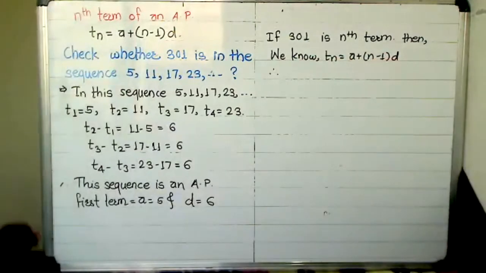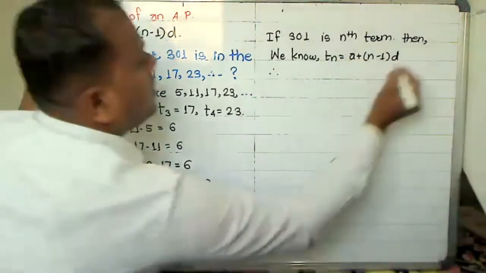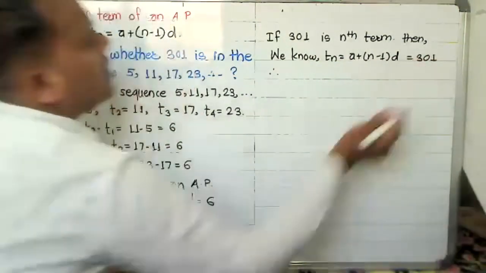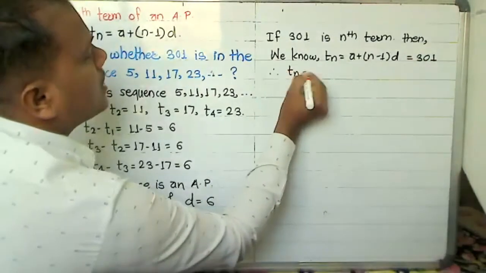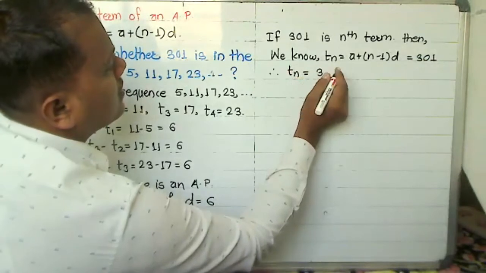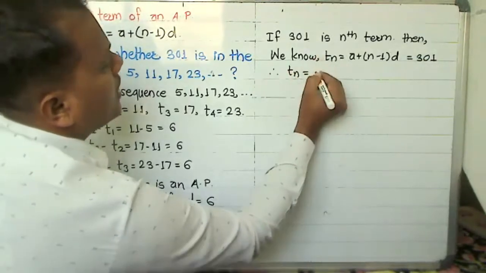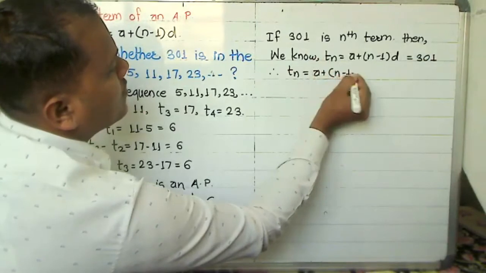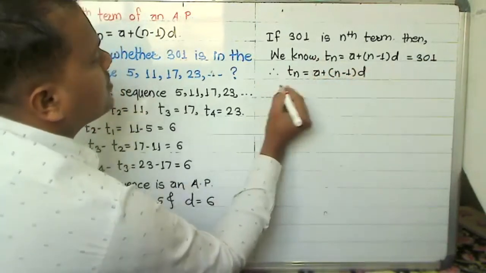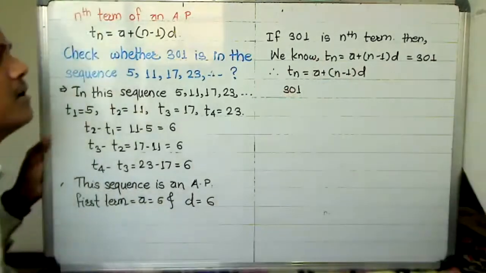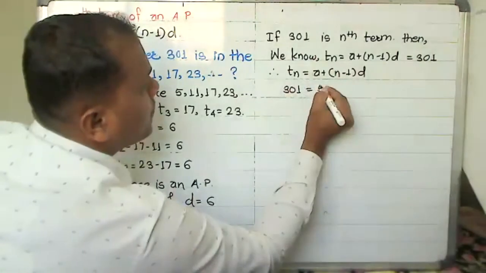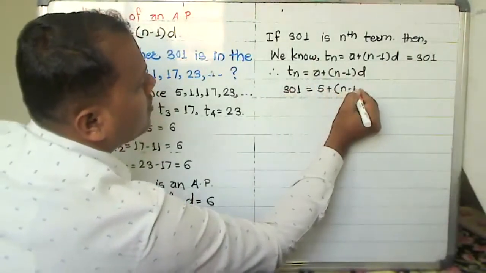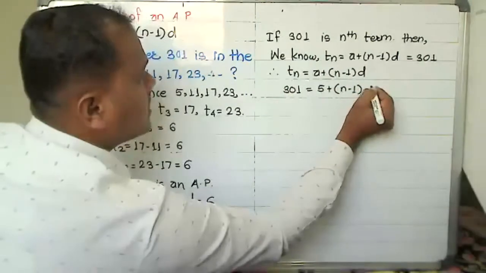So therefore now we will write Tn as 301. Tn is equal to A plus n minus 1 into D. Now we simply substitute the values. The value of A is 5 plus n minus 1, I don't know the value of n, and the value of D is 6.